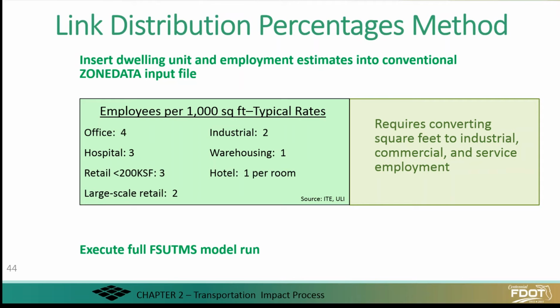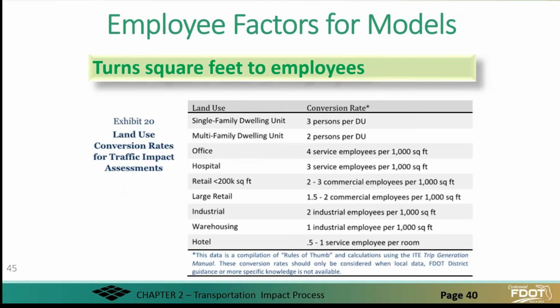So if you have an office location that's 10,000 square feet, you would take 4 office employees per 1,000 square feet. That would give you 40 office employees, and you would then put those 40 employees in the appropriate location in the model's zone data file. You would then, after having done that, accounting for all of your development, run the FSUTMS model run.